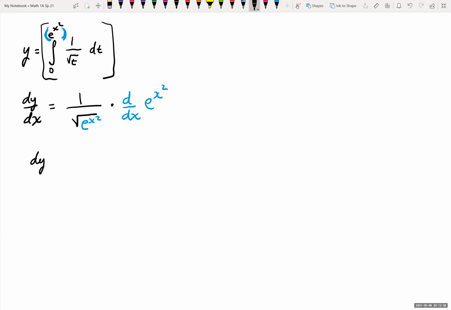So we get dy dx is equal to, well, if I look at the square root of e to the x squared, that's just e to the x. If you don't see it, think of it this way: we can rewrite this without the radical with a 1/2 power.